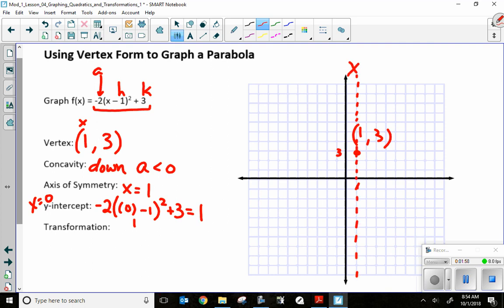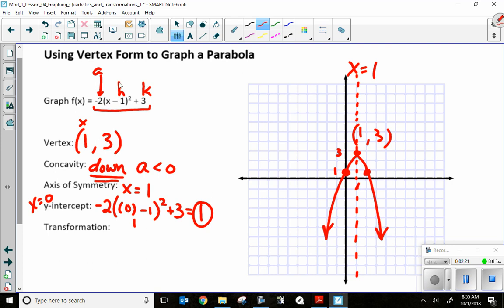That's my axis of symmetry. My y-intercept is at 1 on the y. Here's y1 right there. So it's going to go through this point, and that same point is going to reflect over that dashed line, or axis of symmetry. Now look at that. It indeed does open down.